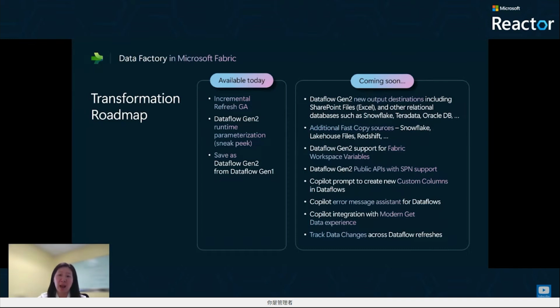Some of the highlights include Dataflow Gen2 APIs with SPN support, and enabling Copilot for Data Factory to support new Copilot skills and capabilities, from helping you drive actionable outcomes with an error messages assistant to bringing the Copilot experience into Get Data.